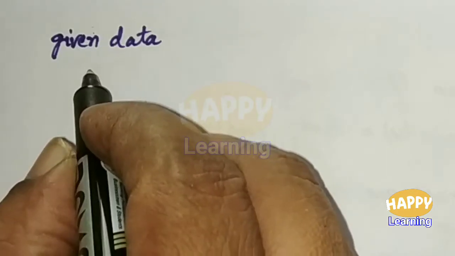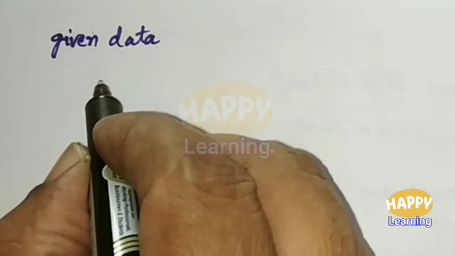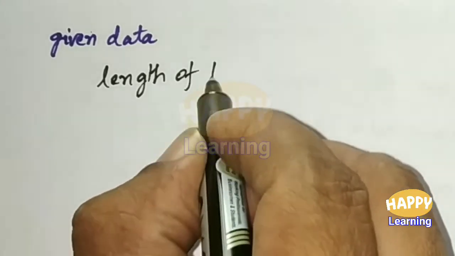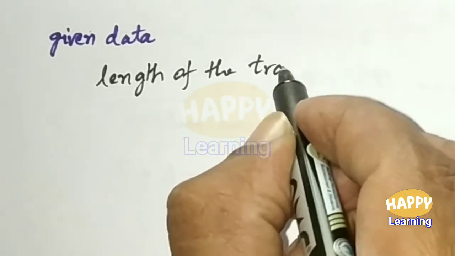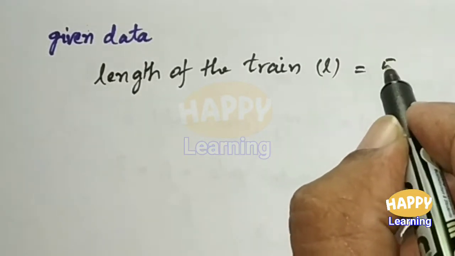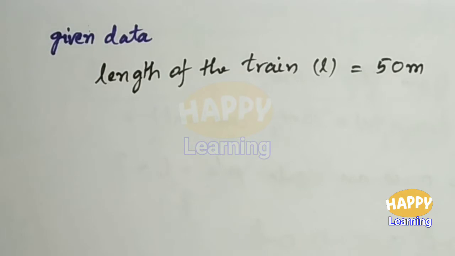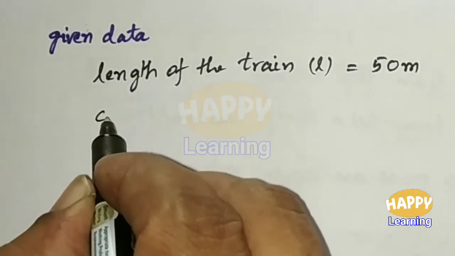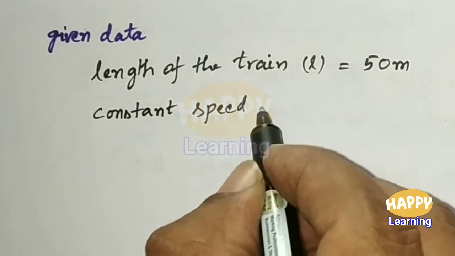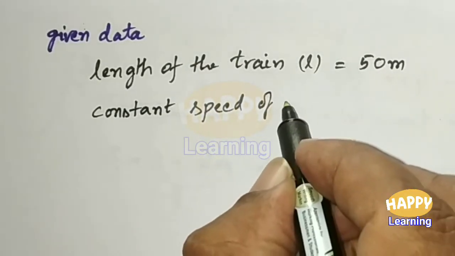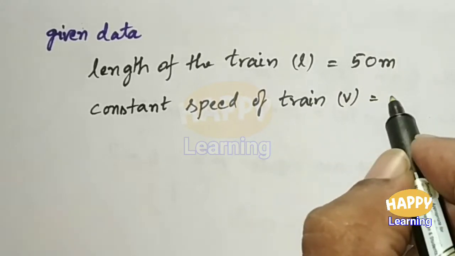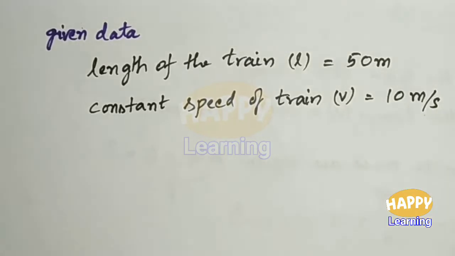Given data: length of the train, let it be small l, is given as 50 meter. Then constant speed of the train, let us call it V, is given as 10 meter per second.